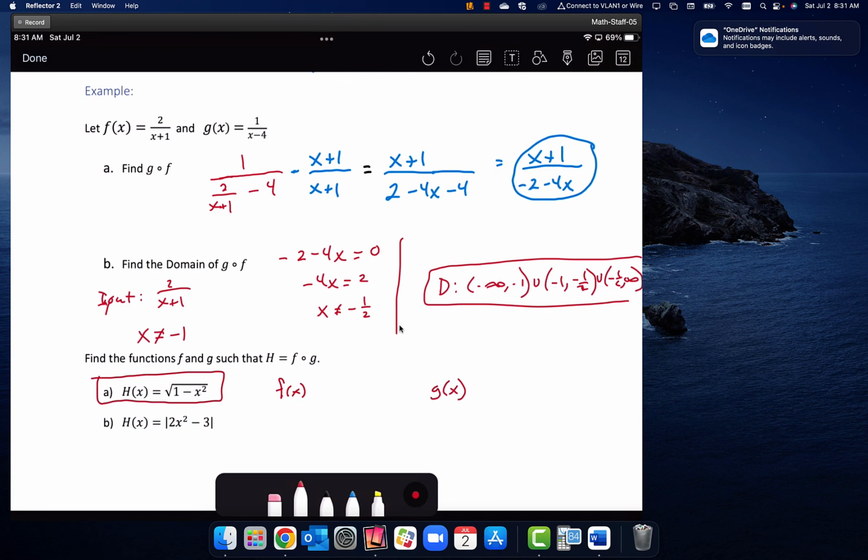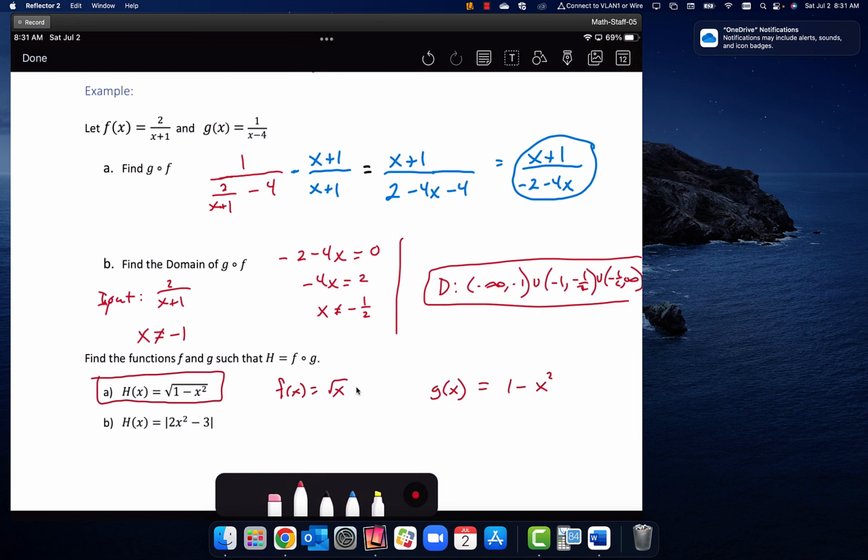So notice g is on the far right, so that means g is the input function. So look on the inside and see what you get. I'm seeing 1 minus x squared, and that means f would have to simply be the square root of x.